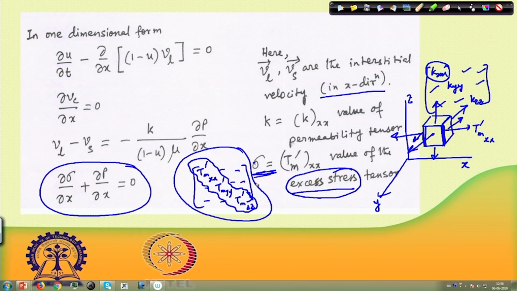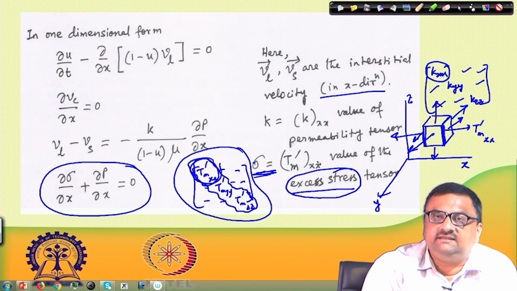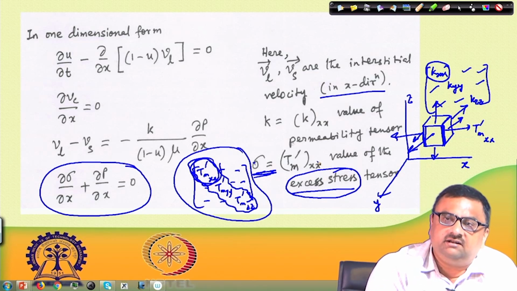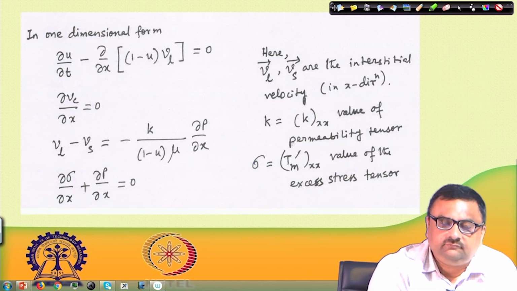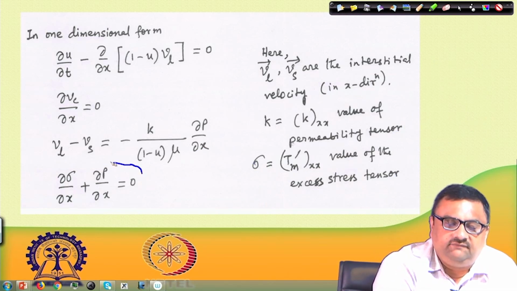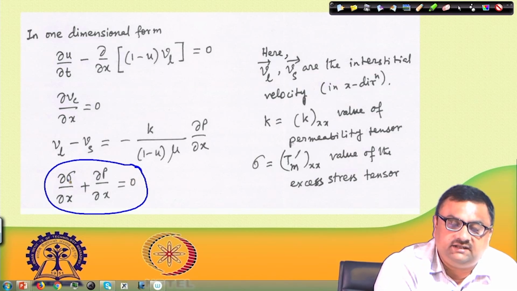So, that is why this element is basically the xx value. Anyway, this is just from a general one dimensional problem, but the fact remains that this equation needs to be satisfied.